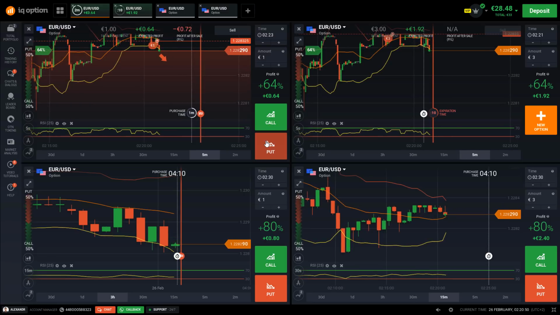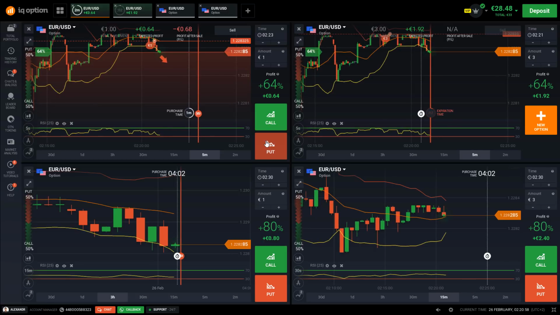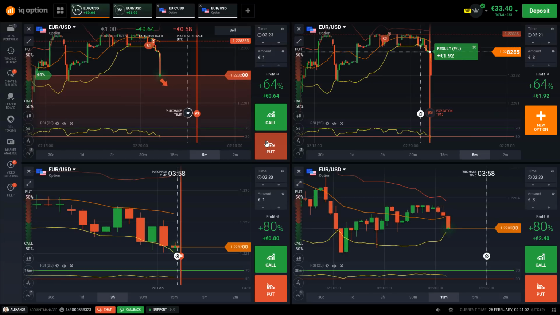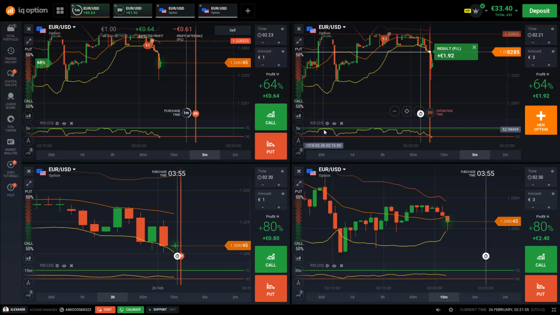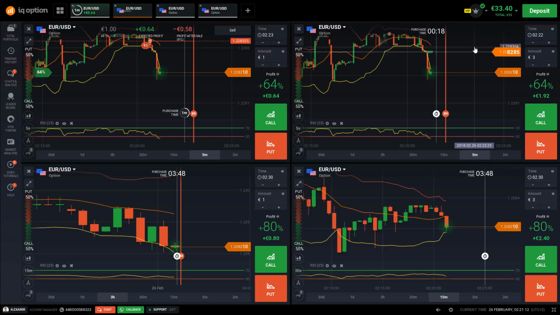So this previous 15 minutes candle red trend has already finished. Currently the trend is neutral.